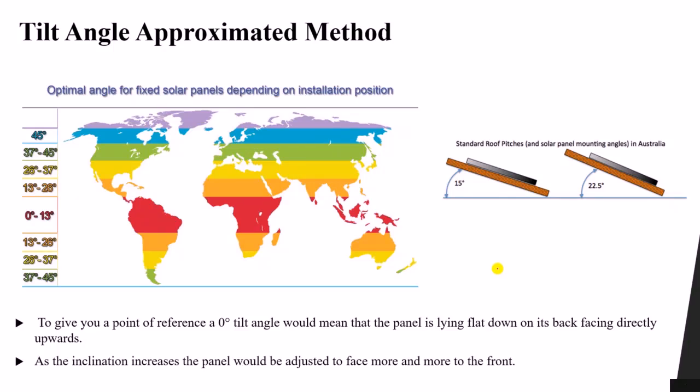As the inclination increases, the panel is adjusted to face more and more to the front. Increasing the inclination means like this, and so on. Okay, that's what this means.